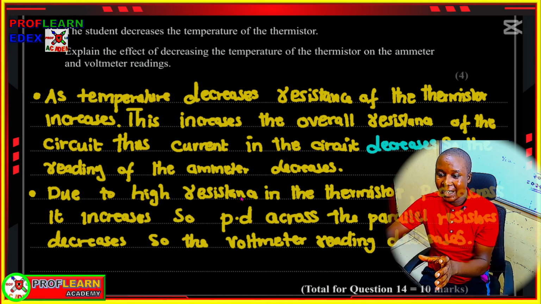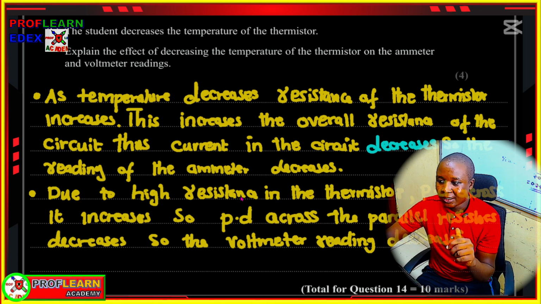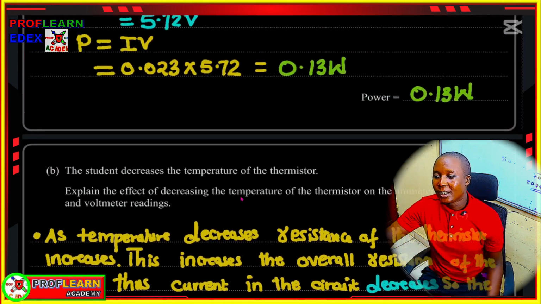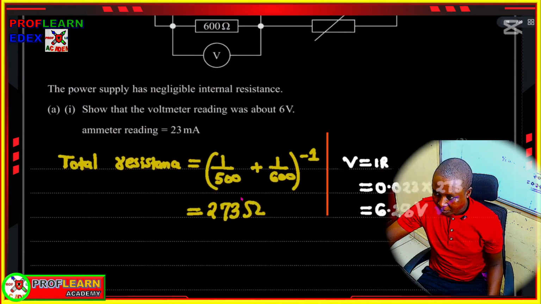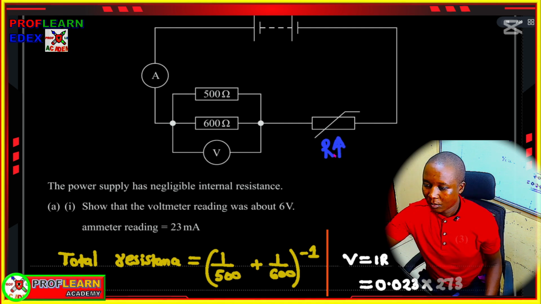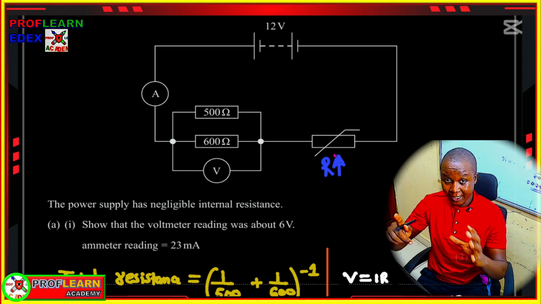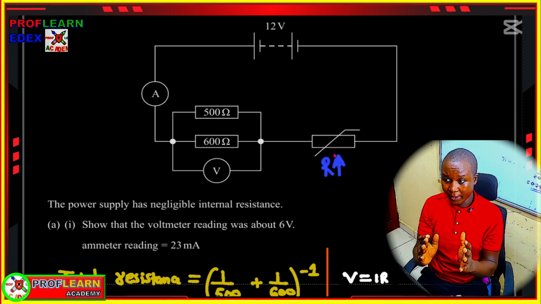Remember, as temperature decreases for a thermistor, resistance of the thermistor increases. Let's go back. If resistance of the thermistor increases, it means the overall resistance in the circuit is going to increase.